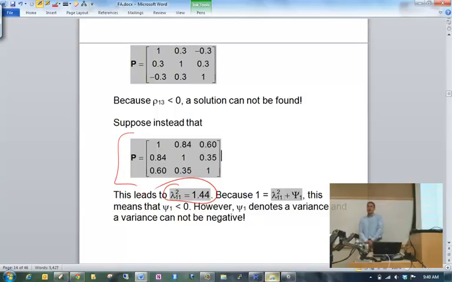Okay. But remember, the variance of Z1, that's 1, set that equal to 1.44 plus psi 1. Psi 1 is a variance. Can that variance ever be negative?